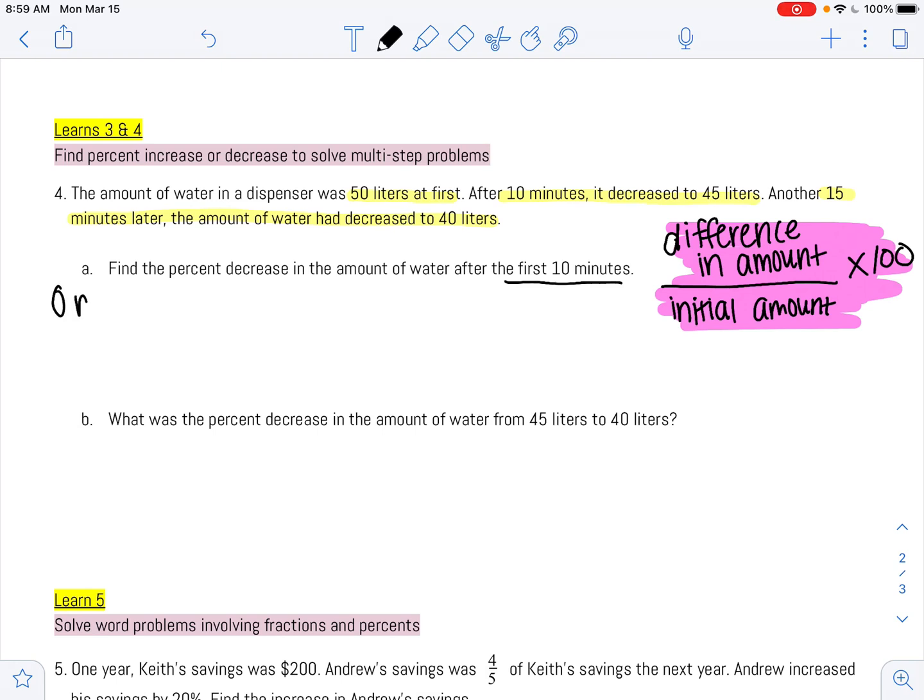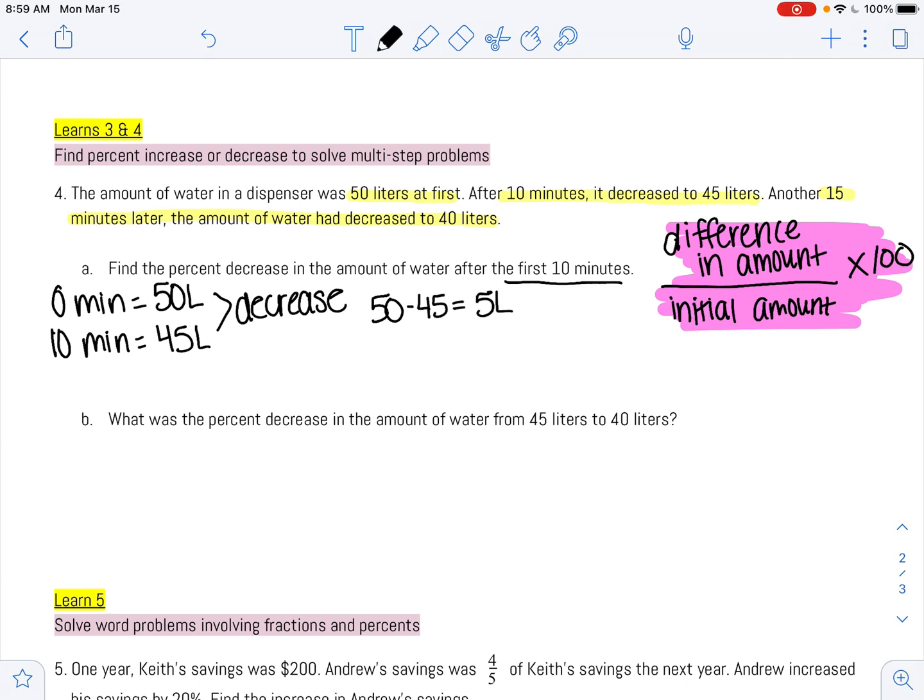So at 0 minutes, it was filled at 50 liters. And then after 10 minutes, it was at 45 liters. So this is an example of a decrease. You can see that because our amount is going down. So when we subtract, it's a change of 5 liters.